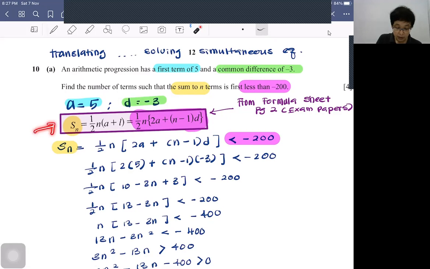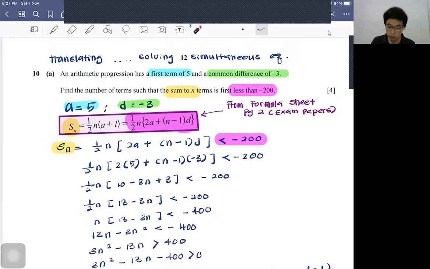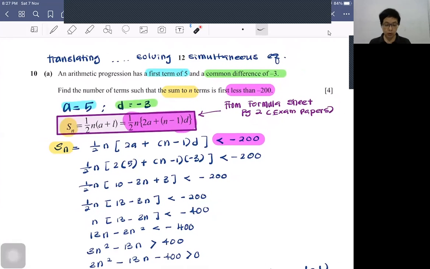Over here, I have drawn it up and pasted it for your reference, and I've also stated where you can find this formula. There are two formulas here.